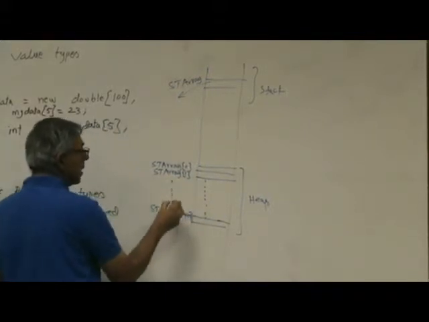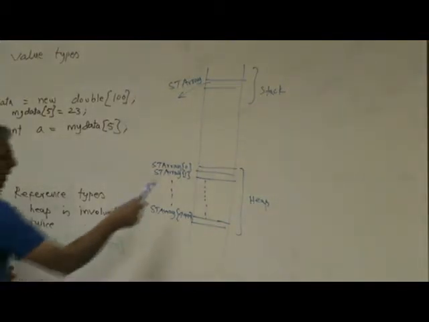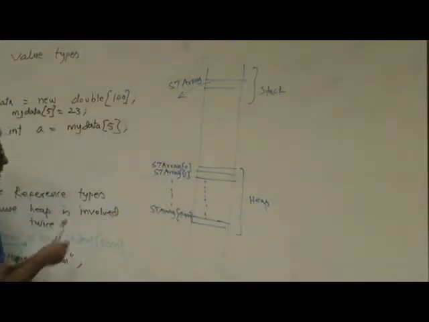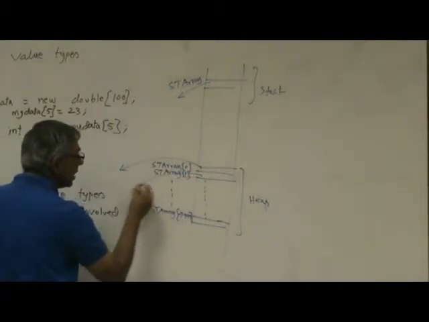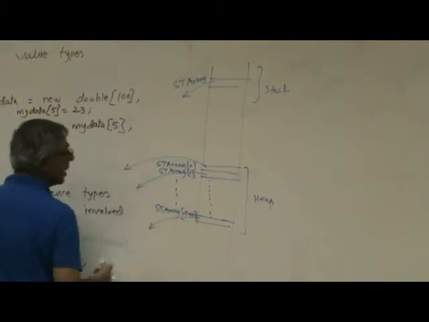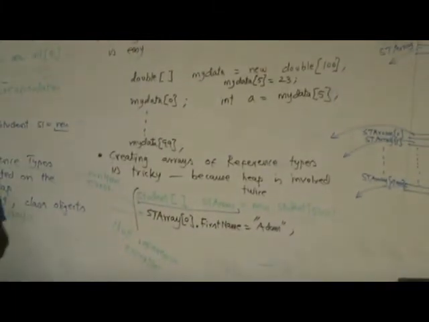Correct? Now, what type of memory is this? Remember each element of this array is capable of pointing to a student. So these are references themselves. This is a reference, this is a reference, this is a reference, and so far they are pointing nowhere. For example, if we wanted to create an array of students, how much memory does each student need?